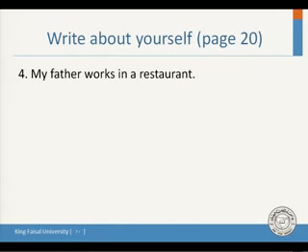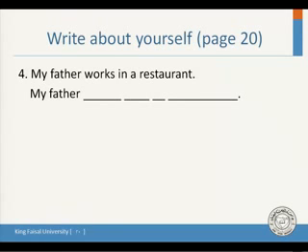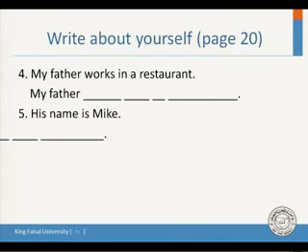Sentence 4, my father works in a restaurant. Where does your father work? Okay. For example, my father works in a company, or in a restaurant, or in a factory. His name is Mike. What's your father's name?